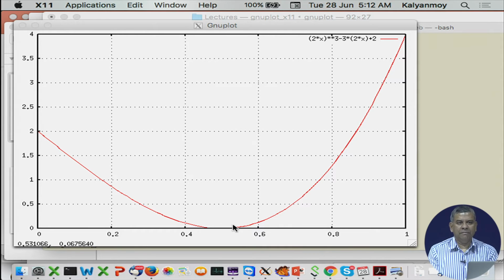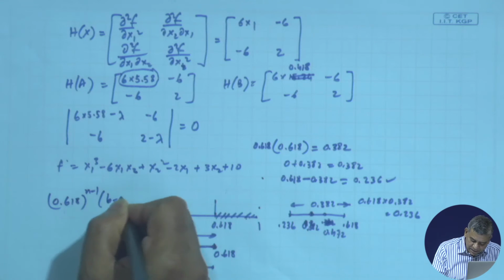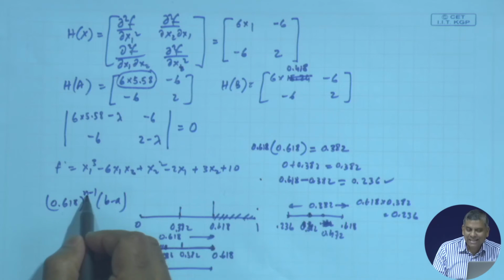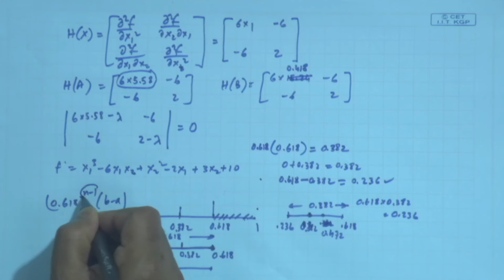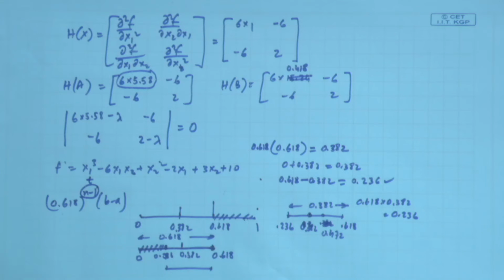Okay, you can also verify how much would be the range after 3 iterations. I gave you a formula. What was that? The formula was 0.618 to the power n minus 1 times b minus a. That will be the final range, right? So n is the number of function evaluations, but I asked you to do 3 iterations. N minus 1 is also the iteration counter t, so we did 3 iterations.